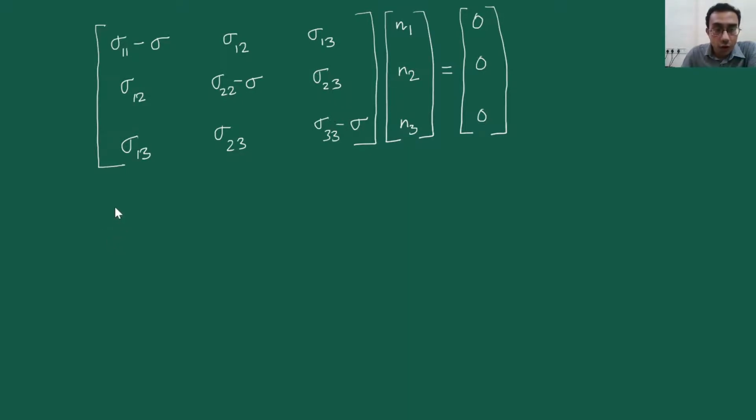So in order that you have non-trivial solutions, for non-trivial solutions, what we must have is that the determinant of this matrix, the determinant of that matrix must be equal to 0.